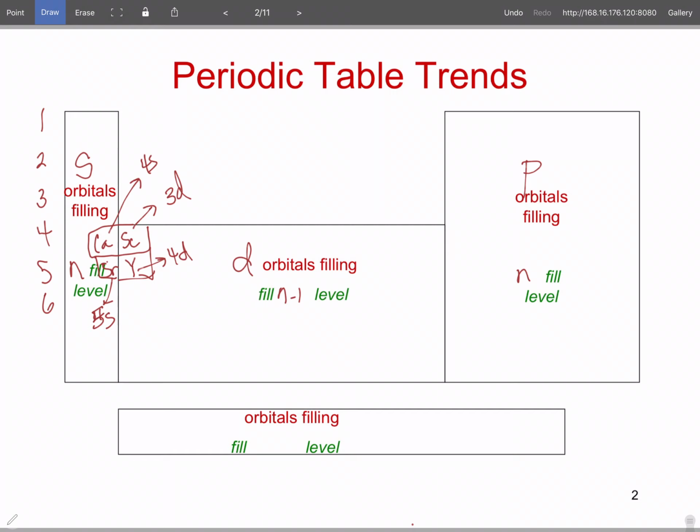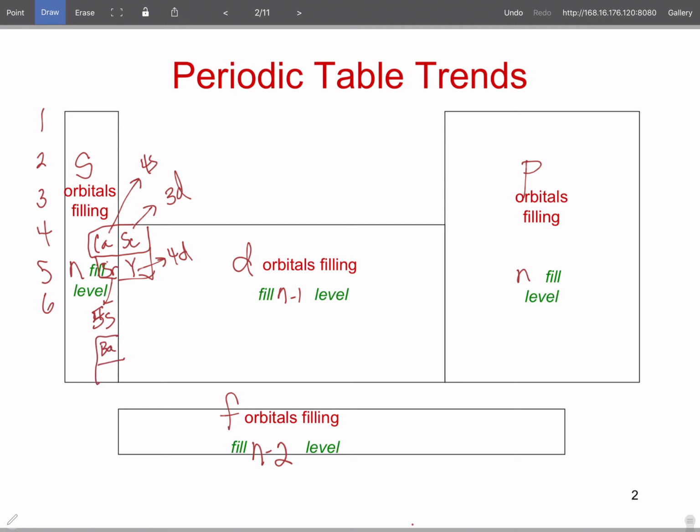Now, if you go down to the lanthanide and actinide series, or inner transition metals, those are the f orbitals. And actually, they're going to fill two below. They're called the lanthanide and the actinide series. So you get barium here, you get radon here.